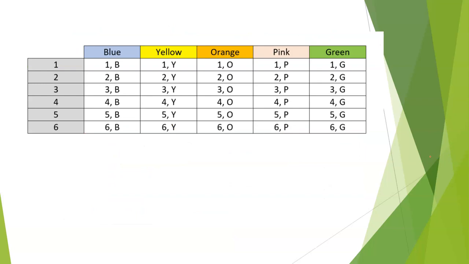So now we're going to be looking at solving this problem. First of all, let's look and see where we get an even number on the die. These are the outcomes where I get an even number on the die: 2, 4, and 6.